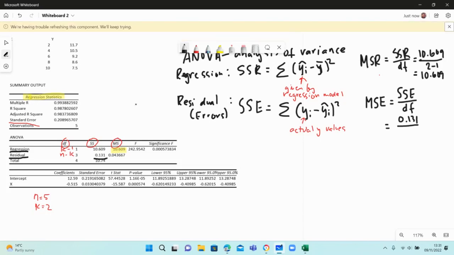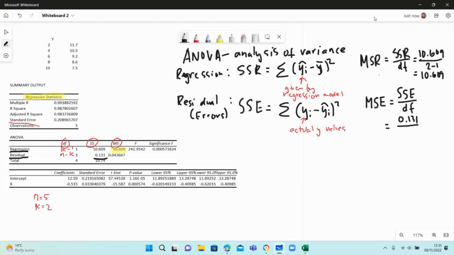And this is divided by the degree of freedom for SSE, which in this case is equal to 5 minus 2. So n is equal to 5 and k is equal to 2.